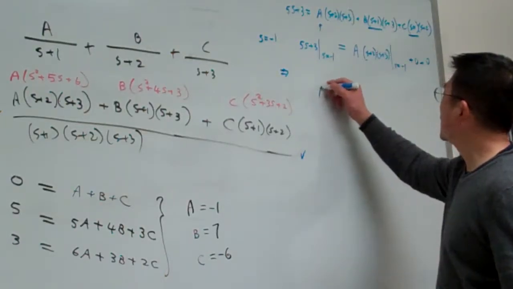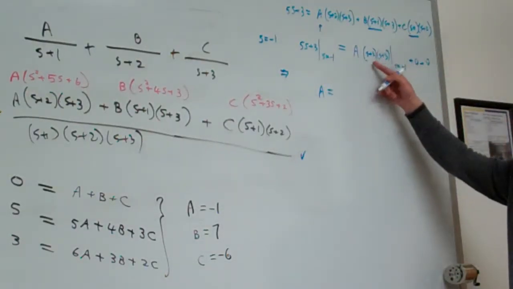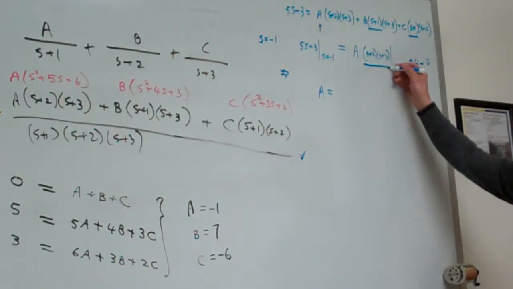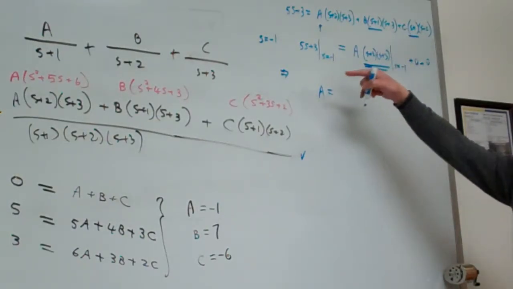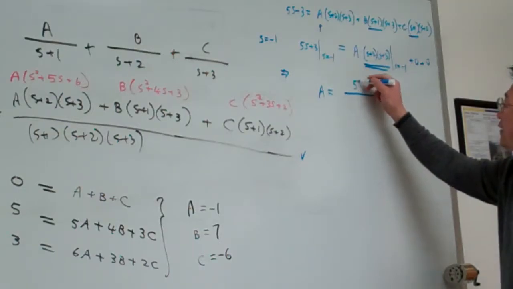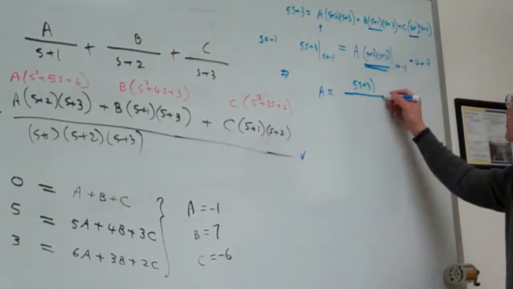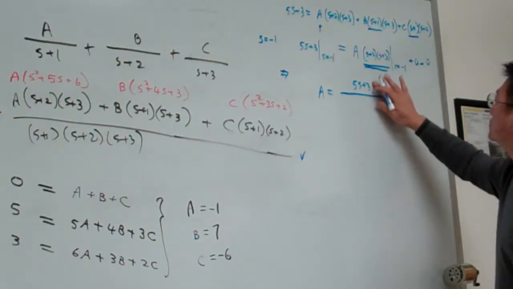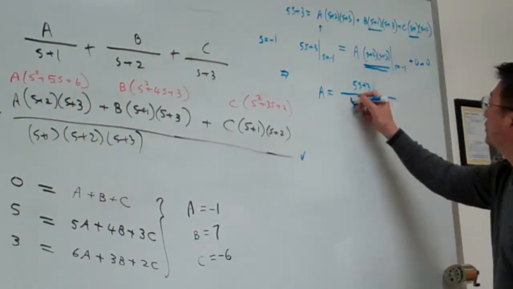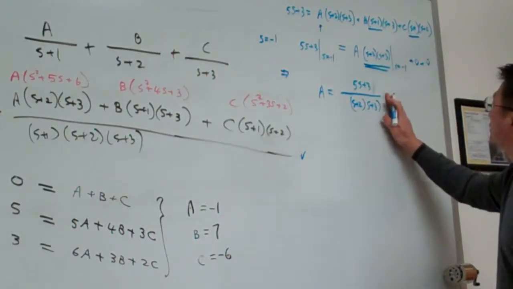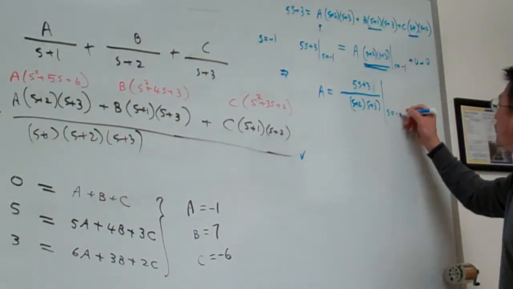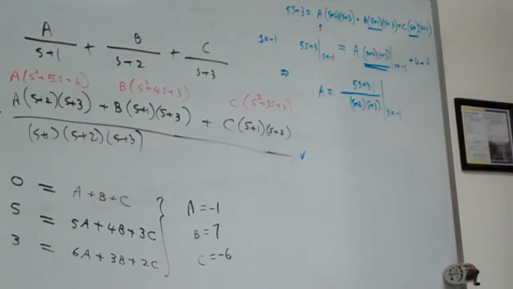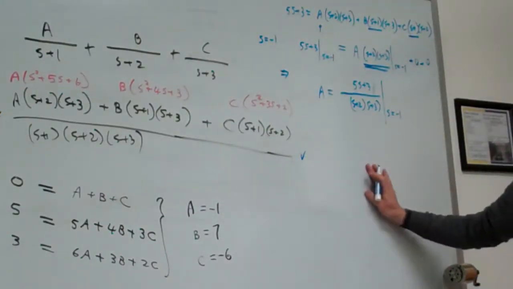A is simply equal to, I move this term to the left-hand side, so that simply becomes (5s plus 3) over (s plus 2)(s plus 3), and that is when s equal to minus 1, right?